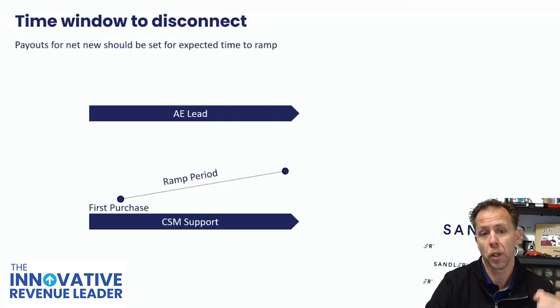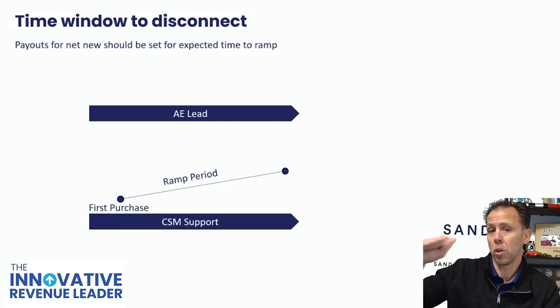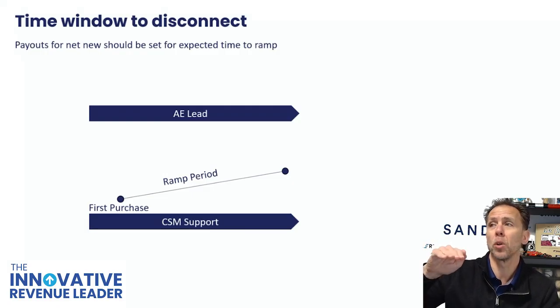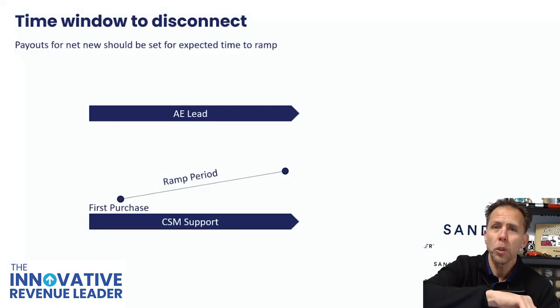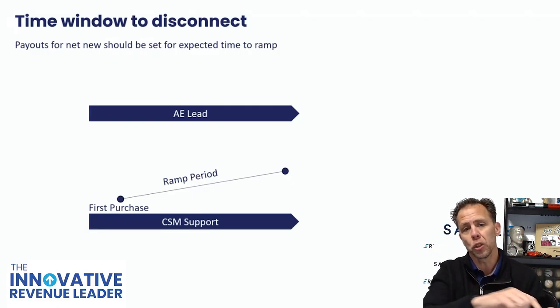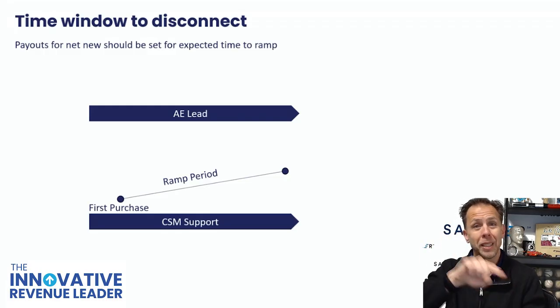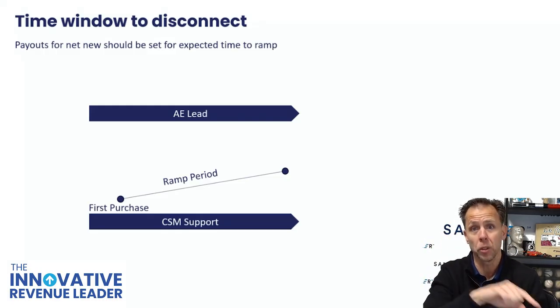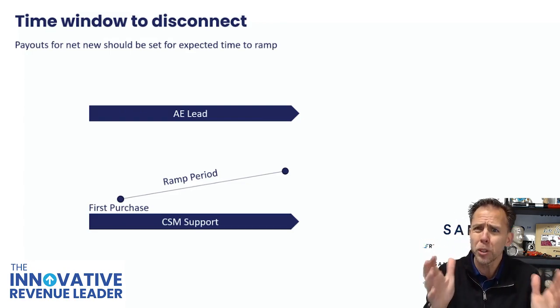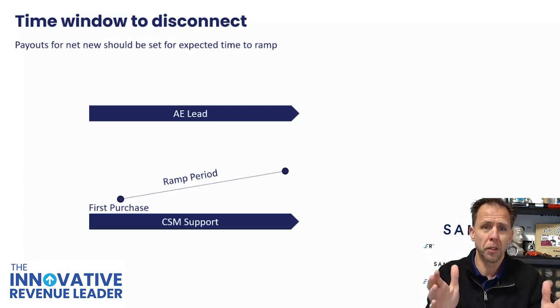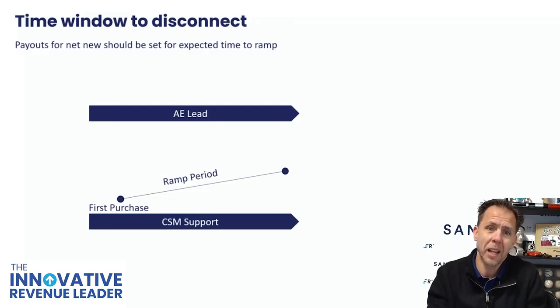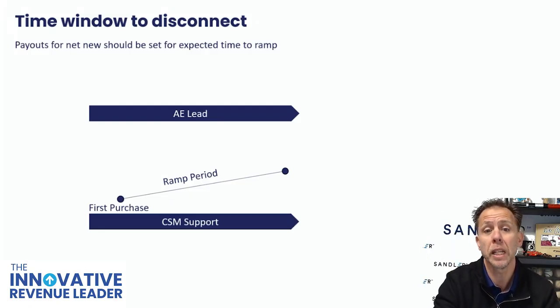So how do I go from my first purchase all the way to what the typical period is? If you ran the analysis, you'd see the growth curve going up and start to level off. And you're going to see that happen with all of your customers. What you'll find is there's a settle period where most customers will ramp at a certain period of time. You need to cut that. And that is the period that you need your AE driving to get to.